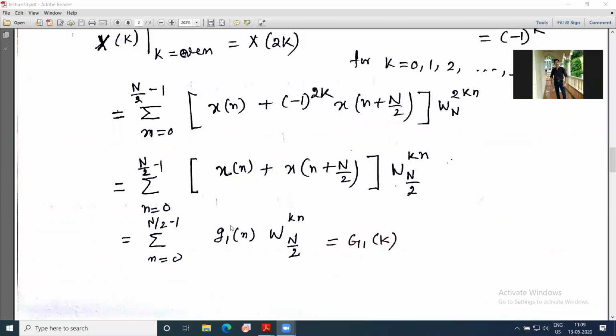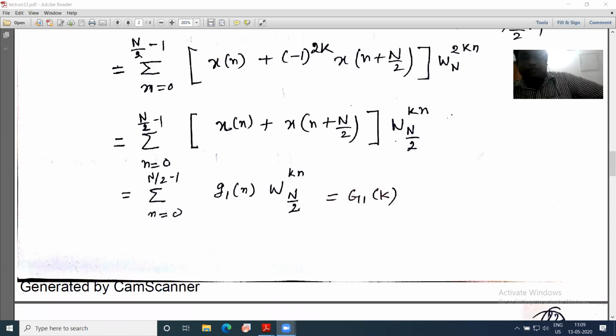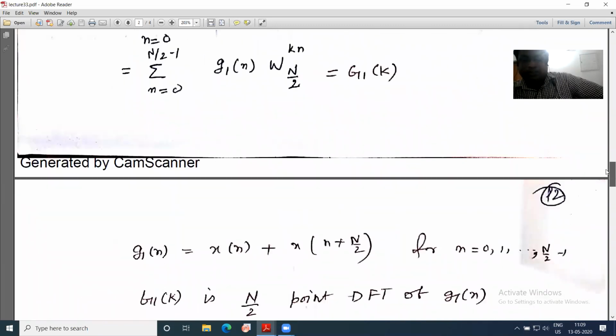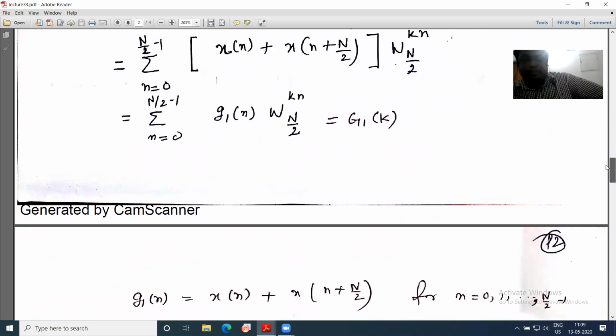Any doubt you have in between, you can ask, not an issue. Because this is the initial part, we have to understand it very clearly.